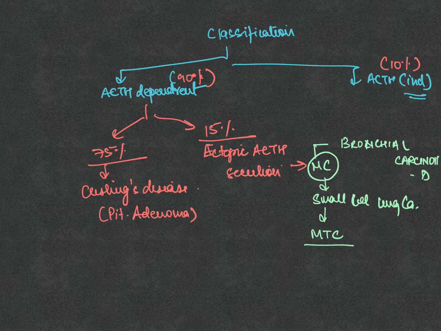All right. So this accounts for 90% of the Cushing syndrome, which is ACTH dependent, among which 75 is pituitary adenoma, 15% is ectopic ACTH secretion. All right. So after this we come to ACTH independent.